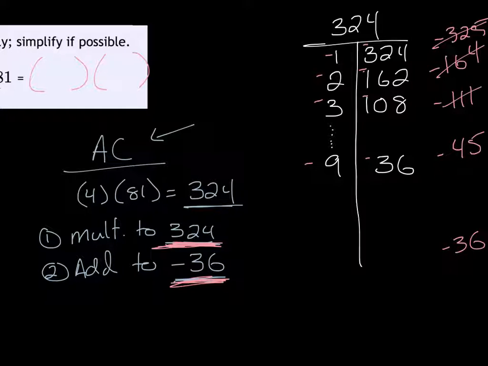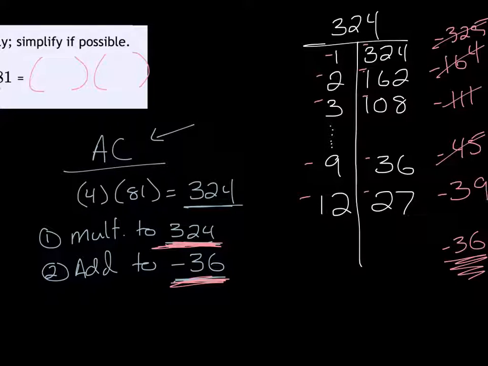Ooh, a lot closer. I'm trying to get to negative 36. Let's try 12 and 27. That gives me negative 39. I'm really close. Keep on looking.